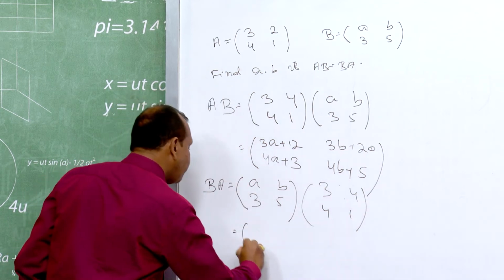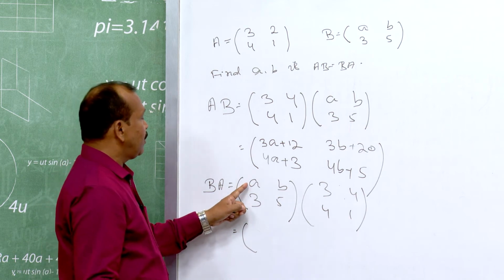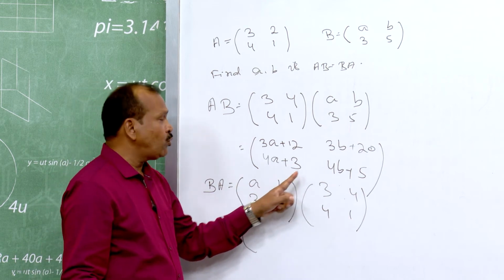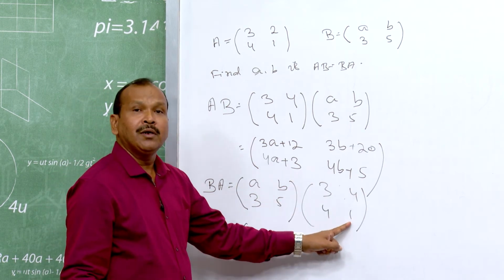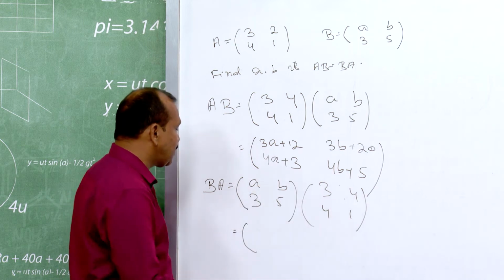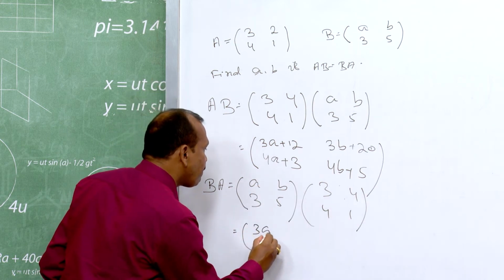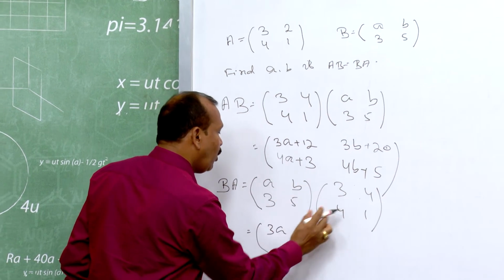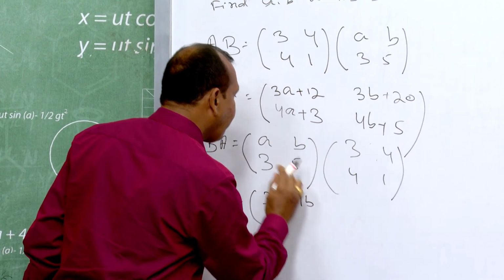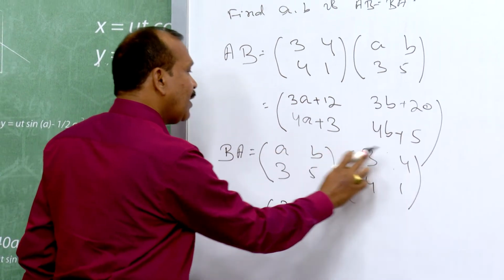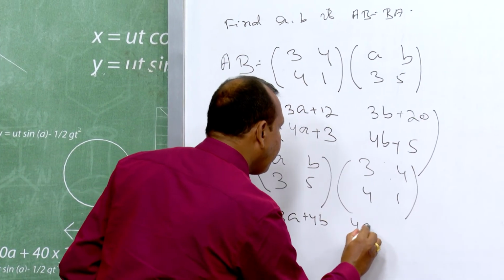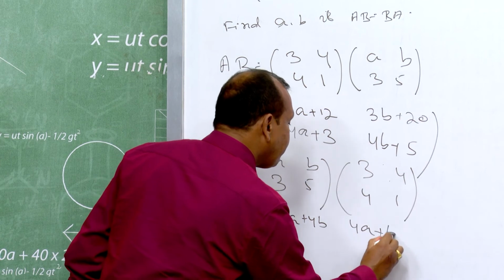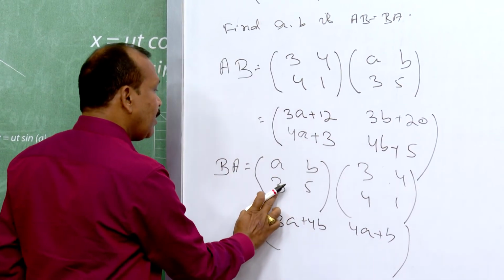Then we take the first row of the first matrix with the first column and second column of the second matrix. That becomes 3a plus 4b, 2a plus b.